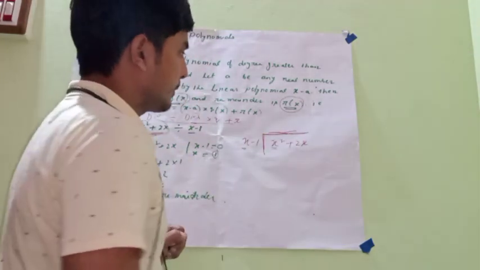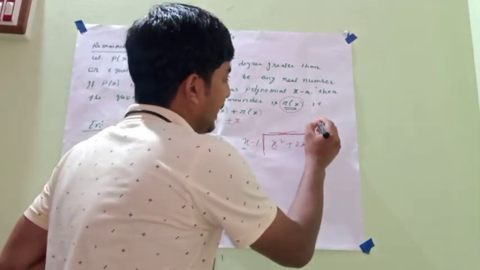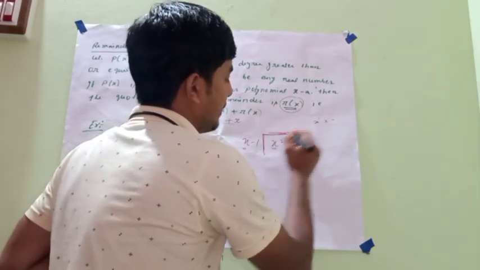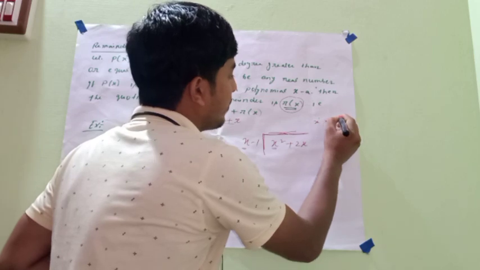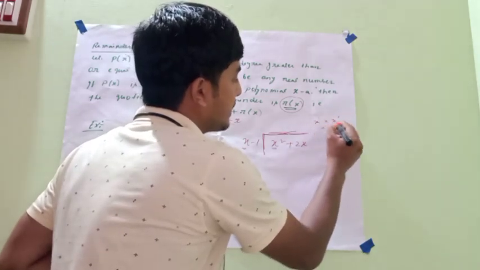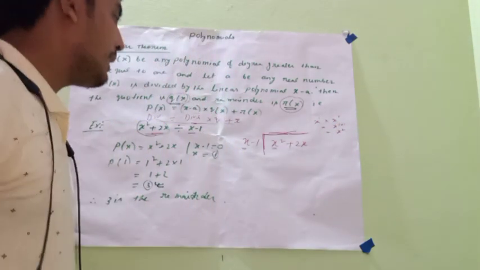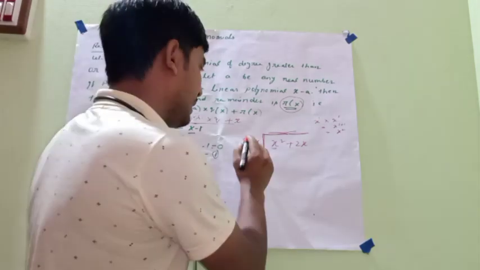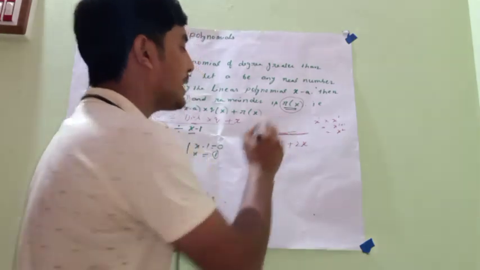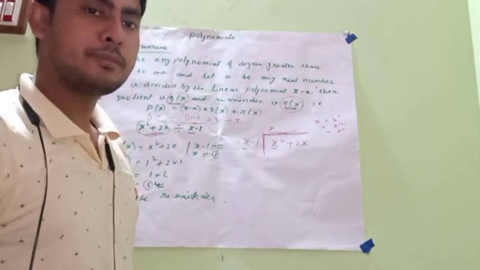By the laws of exponents, x has exponent 1, and if you multiply by one more x to the power 1, the bases are the same, so 1 plus 1, that is x square. So if you multiply x with x, you get x square. Is it clear to you?